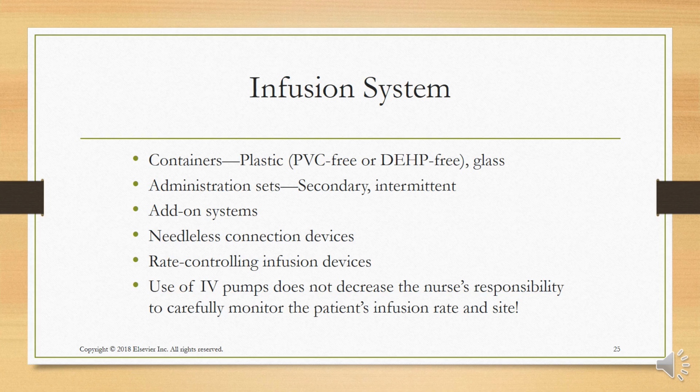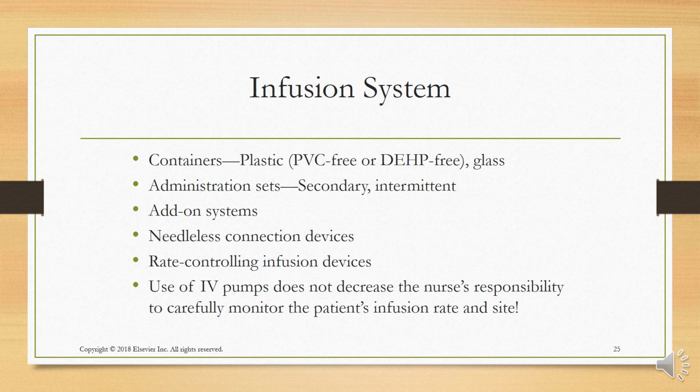There's always add-on systems that you can use, like a little J-loop to extend your tubing. A lot of these now have needleless connection devices, which is just exactly what we need to keep from sticking ourselves. And you can have rate controlling infusion devices, which just means it is some tubing that actually has a rate control dial on the tubing, so that you don't have to have a pump to use it.